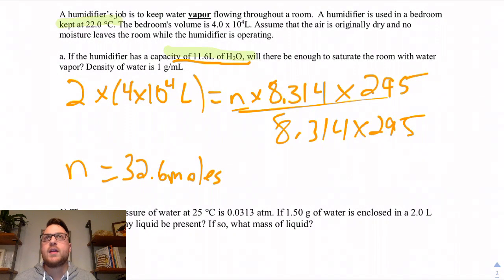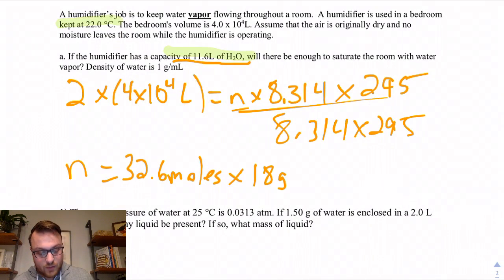So we have 32.6 moles of water in our room, which if we convert it to grams, water weighs 18. You get that from the periodic table. It's H2O. You get 587 grams of water is what the humidifier needs to pump out into this bedroom to keep it saturated with water.